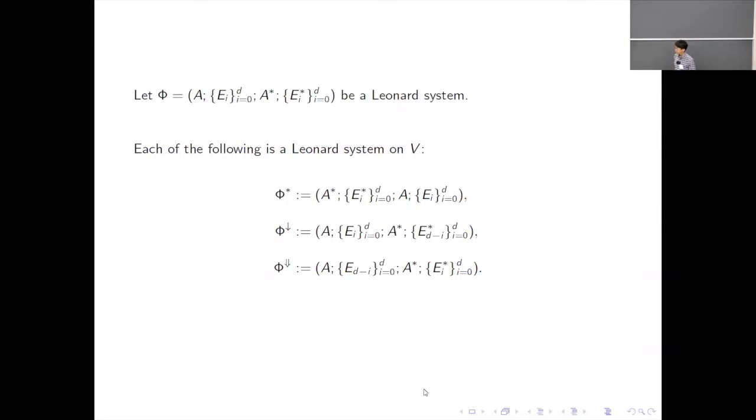So Phi* is just where we switch A and A*, the dual version. For the single down arrow, everything is fixed, but we take the reverse ordering of the dual primitive idempotents E_i*. And for the double down arrow, we fix all elements except the primitive idempotents of A. We just take the reverse ordering of E_i.